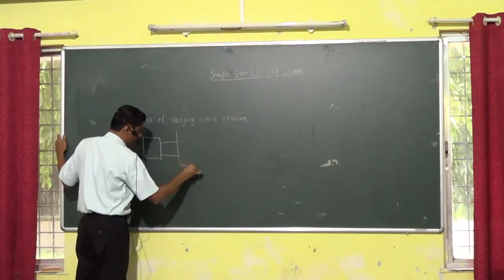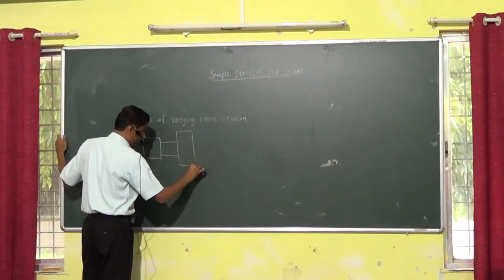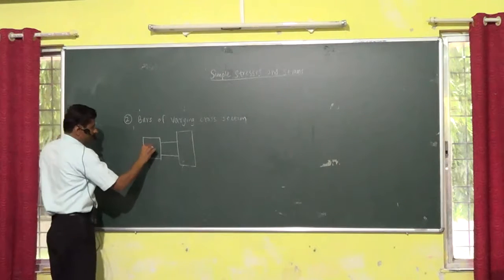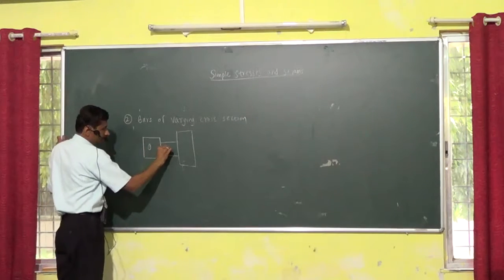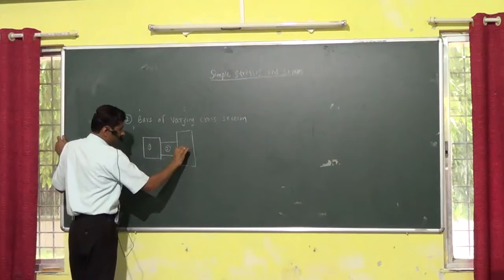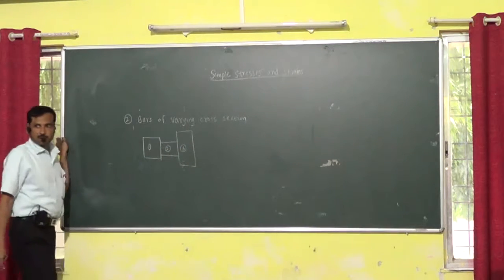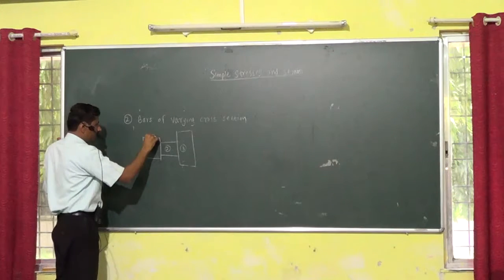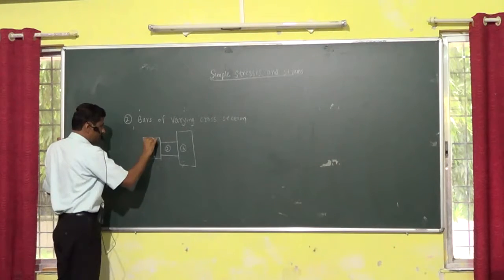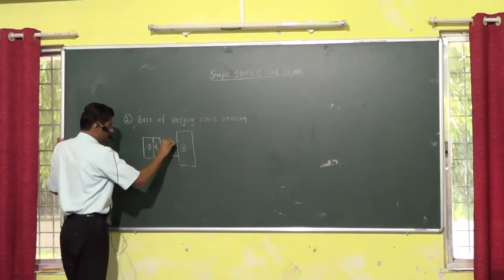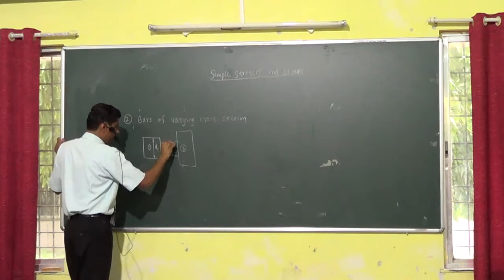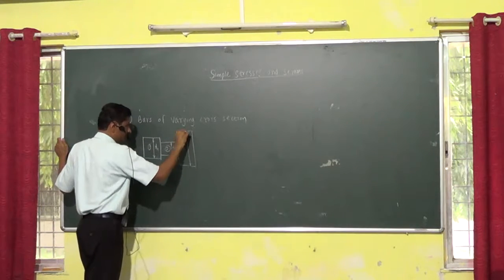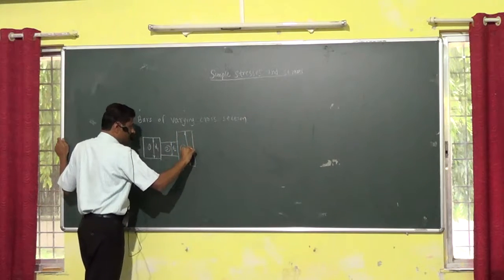If the cross-sectional area is varying here, we consider this as section 1, this as section 2, and this as section 3. This diameter we could consider as D1, this diameter as D2, and this one diameter as D3.